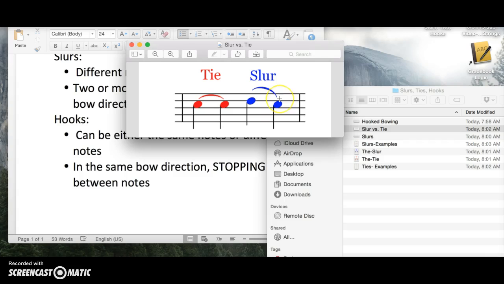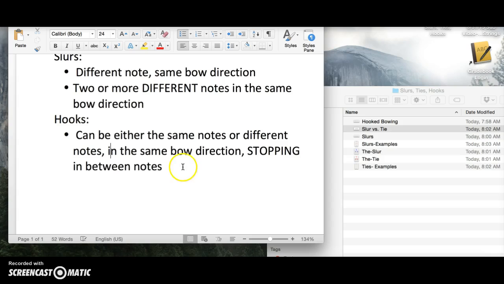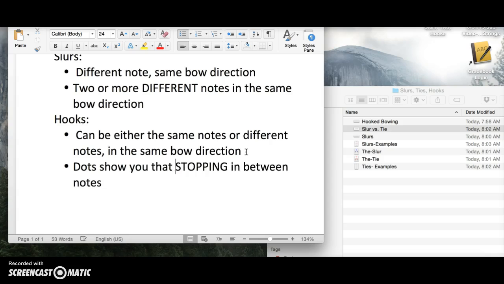Remember, hooks can be the same note or different notes, but they need to have those dots. So a really great way for you to remember is that they have dots. Dots show you that you are stopping in between notes.